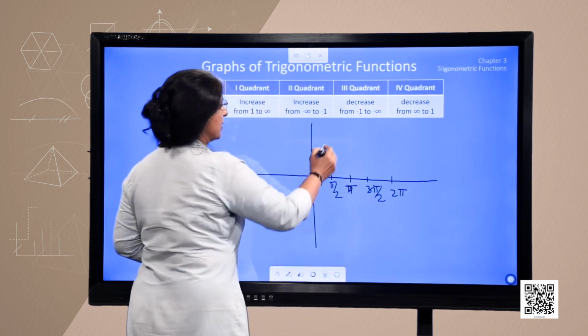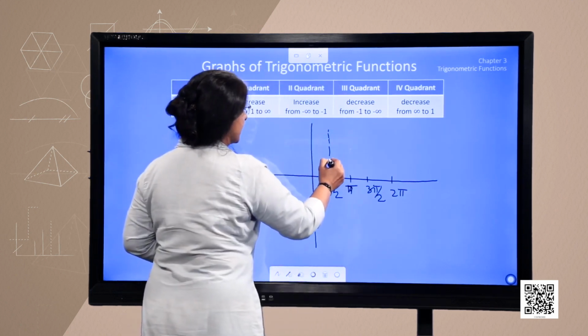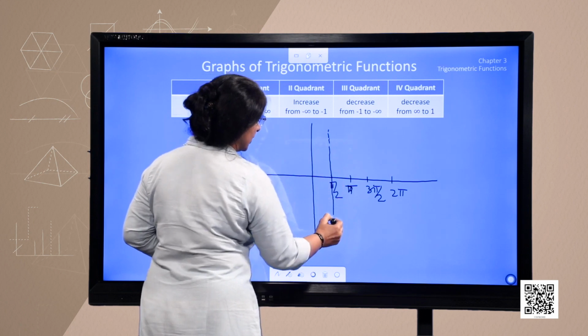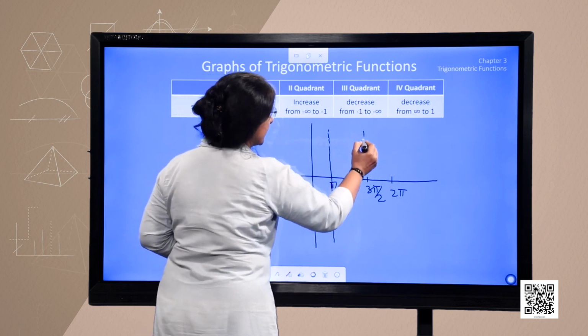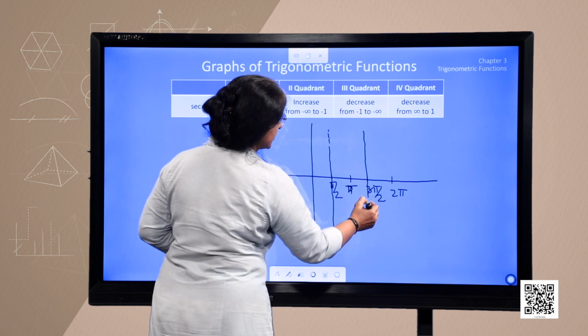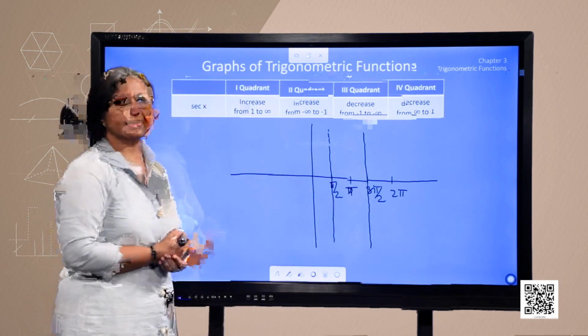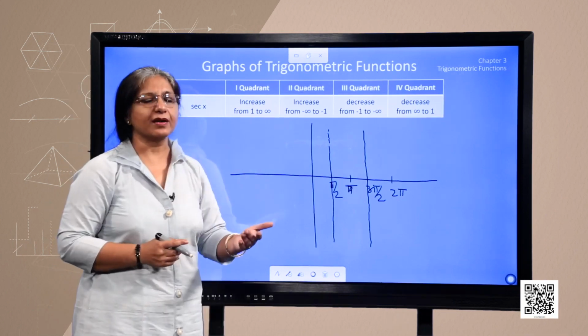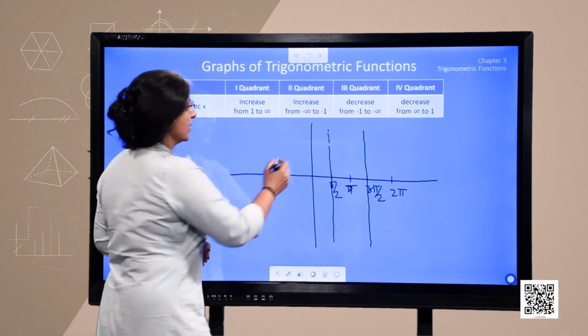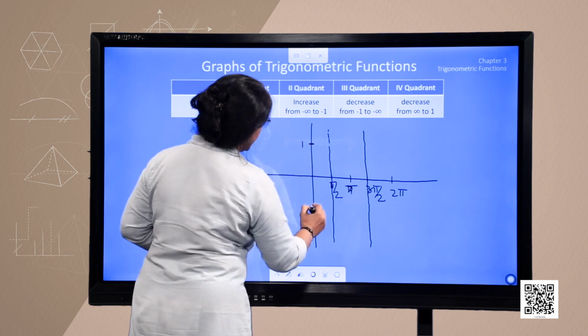Here also we will demarcate these points, because here the secant function is not defined. Moreover, here the range of secant is more than 1 and less than minus 1.